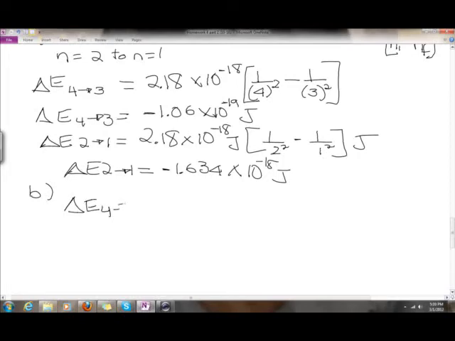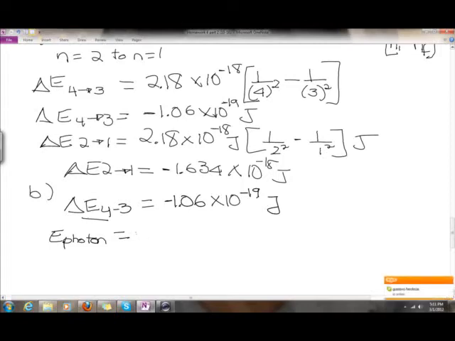Energy level from 4 to 3 is going to be minus 1.06 by 10 to the minus 19 joules. Now, this is supposed to be the energy of a photon, the minimum amount of energy. Remember, the minimum amount of energy is the energy levels of the electron, and that's why it's called quantum numbers. The energy of a photon would be the Planck constant multiplied by the frequency.